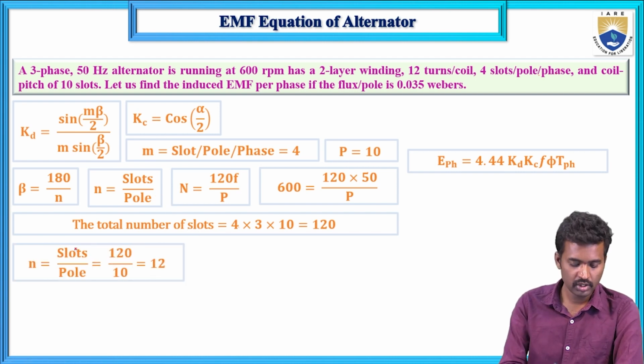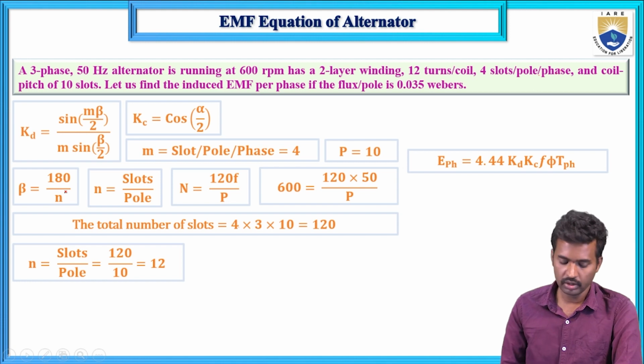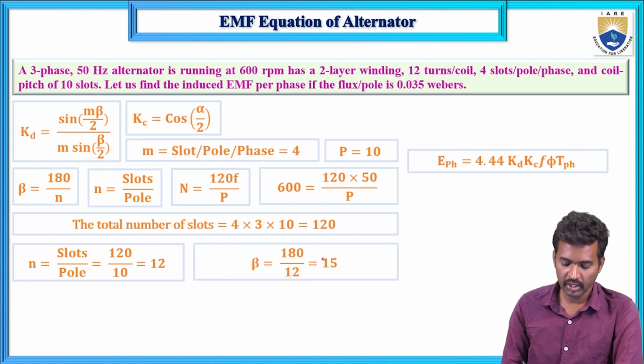So slots per pole is 12. Now we have n as 12, so beta equals 180 by 12, that is 15.